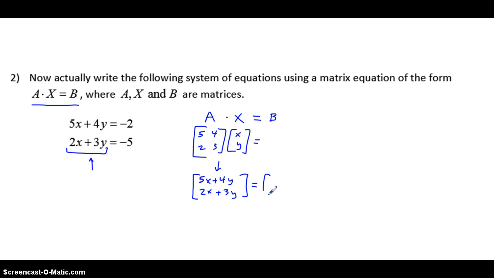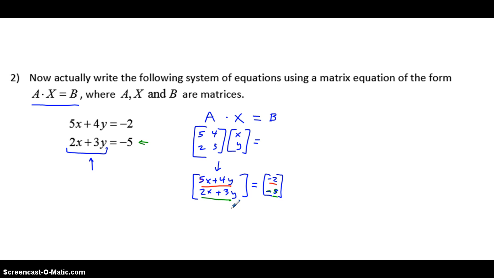So let's set that equal to another matrix, which will be 2 by 1, where the top entry is negative 2. Then this 5x plus 4y is going to equal negative 2, because if matrices are equal, the corresponding elements are equal. And then the second piece here, as we underline this in green, we have 2x plus 3y. Based on this system, we want that to equal negative 5. Sorry, let me put that in blue here. Negative 5. And I'll underline it in green.